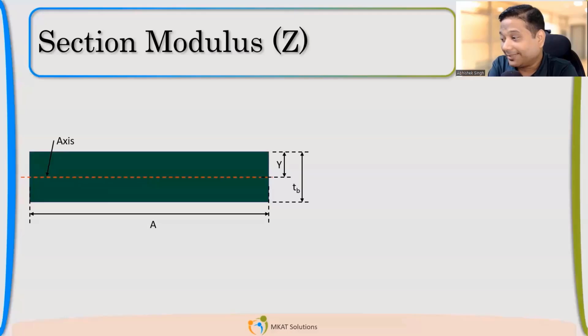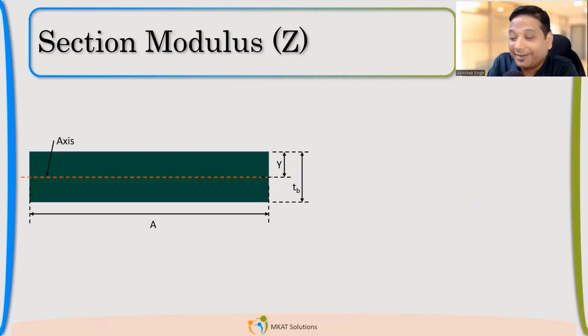So what will be the section modulus? Section modulus is, remember, I by Y. Calculate I. You already know I; we discussed so much about I. You know the neutral axis, and you know which dimension is perpendicular to that axis. Y is TB by 2.